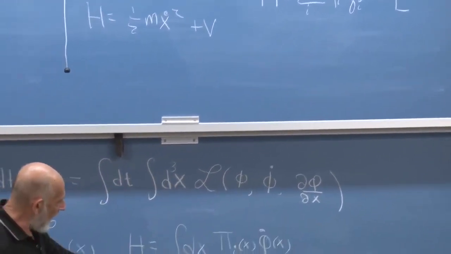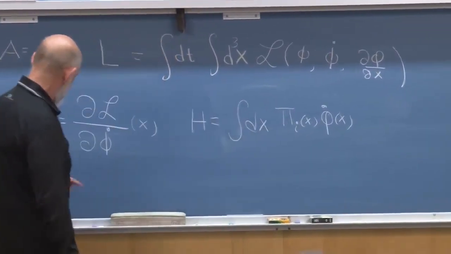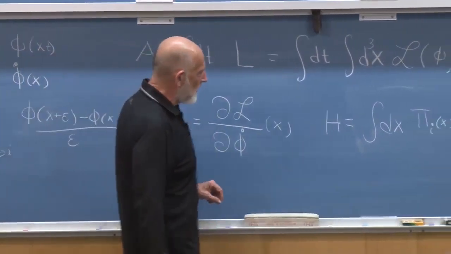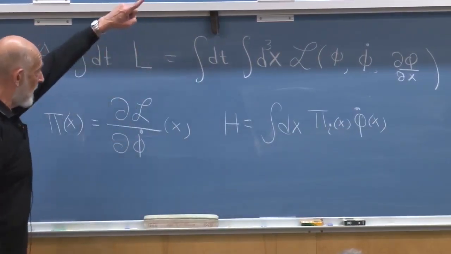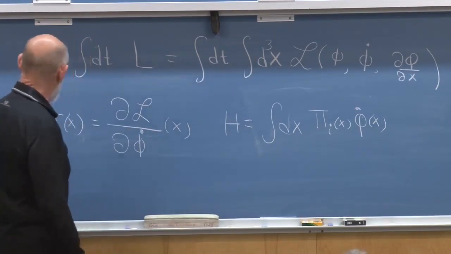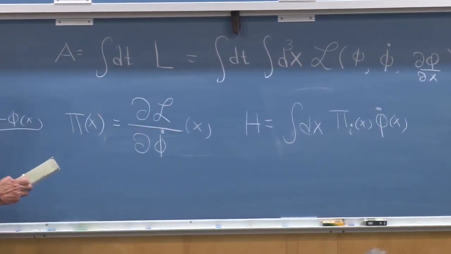This is an integral over x, and it has pi, the subject over here, whatever it is. We're going to do an example, so we'll see how this works soon enough. Then minus the total Lagrangian. This is correct, but let me, what's the I? Which I?